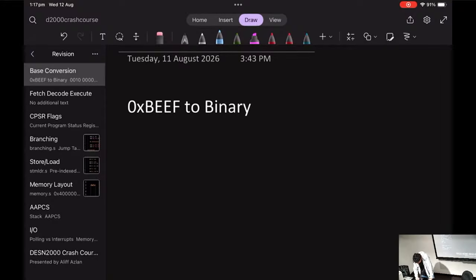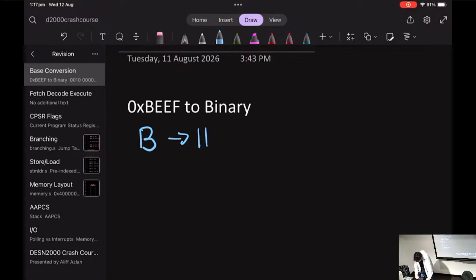Let's say with this example, we look at the first digit. We have B, right? What's B in decimal? 11, right? So the trick is we just need to convert 11 into binary.